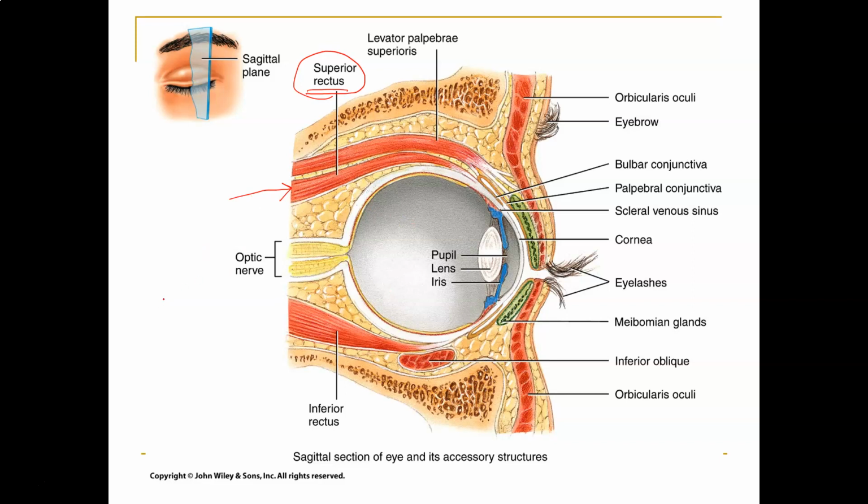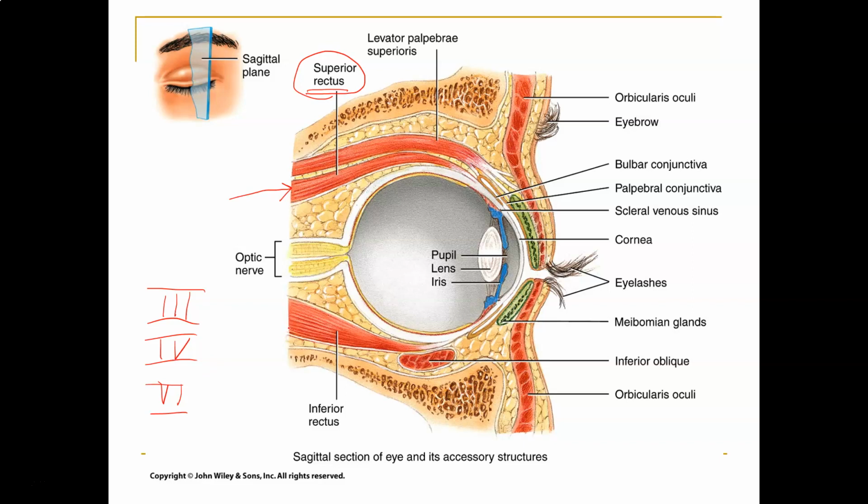You might remember we talked about these briefly when we covered the cranial nerves, because cranial nerves 3, 4, and 6, their job is to innervate the extrinsic eye muscles.